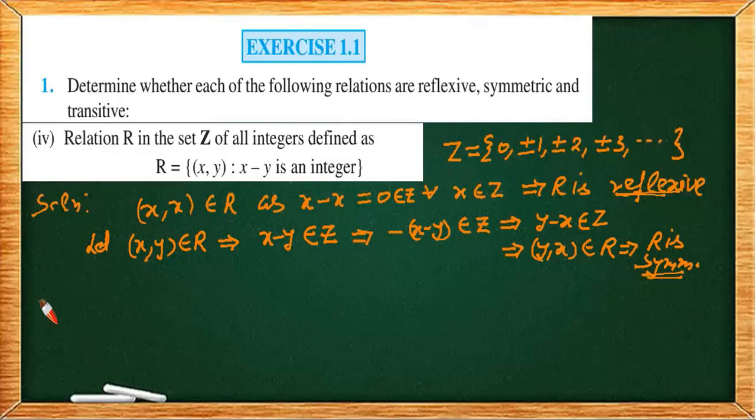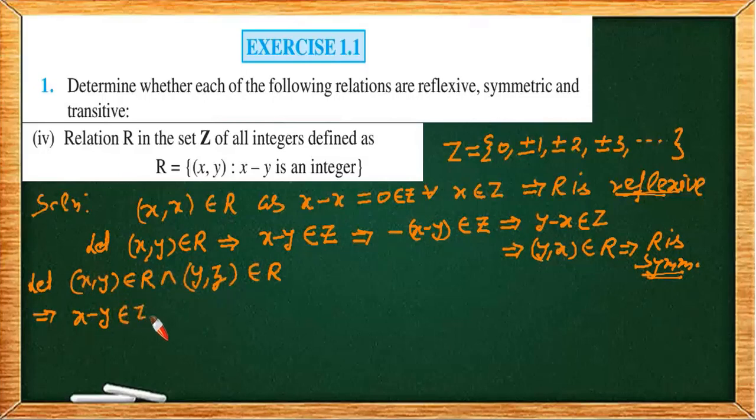Now, we check the transitivity. So let ordered pair xy belong to R and ordered pair yz belong to R, which implies x minus y is some integer and y minus z is also some integer.